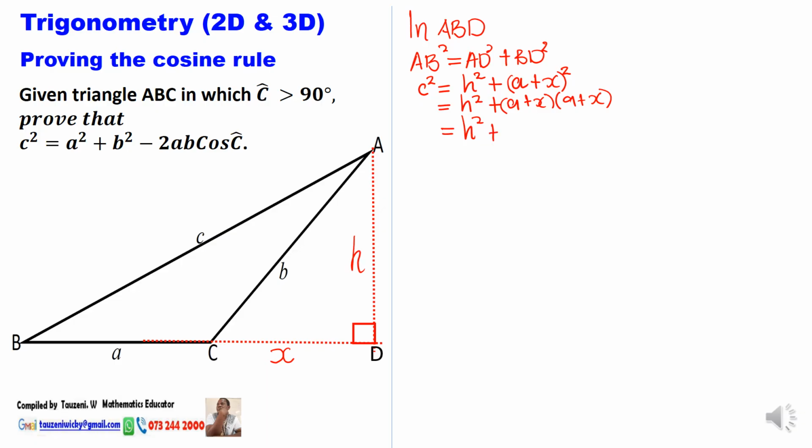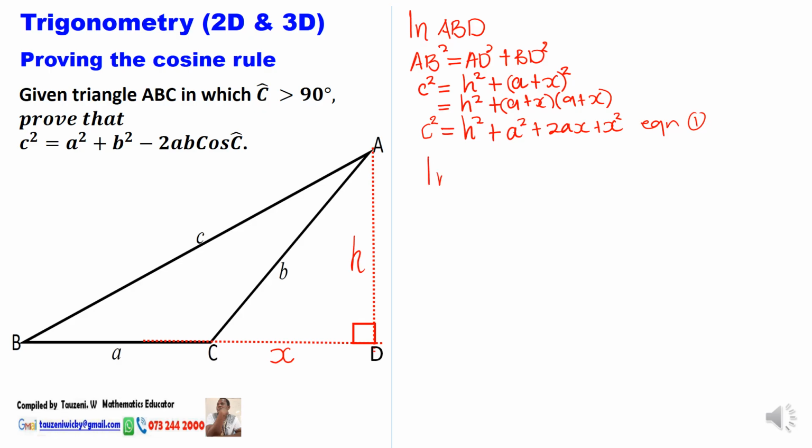Using the FOIL method here, it's going to give us a squared plus 2ax plus x squared. We have simplified this expression. This is the value of c squared. So we can label this one as our first equation using the theorem of Pythagoras.